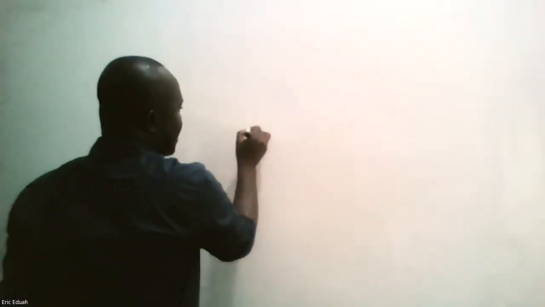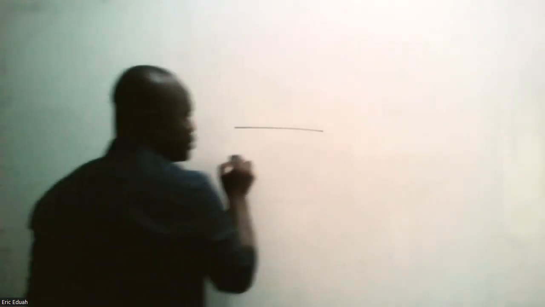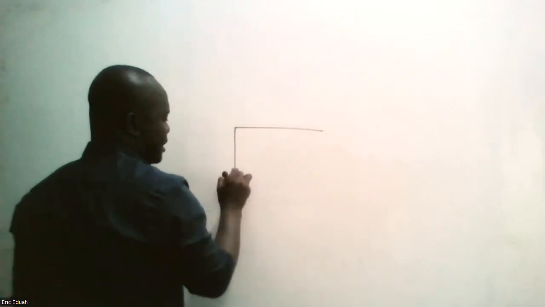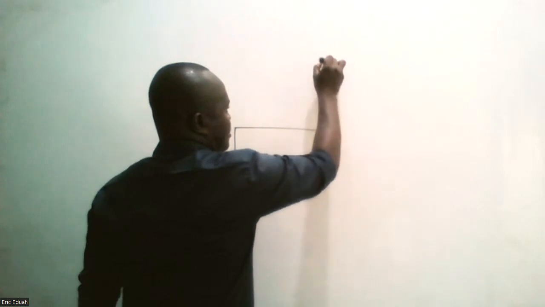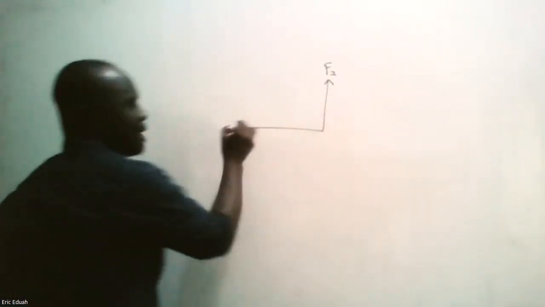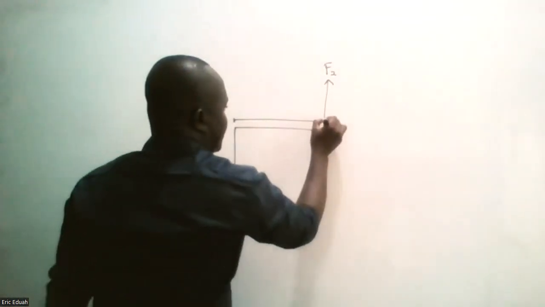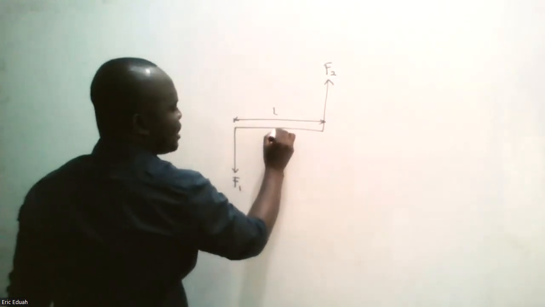When we talk about a couple, if you have a bar and there are two forces, F1 and F2, this bar of distance L is pivoted at the midpoint.